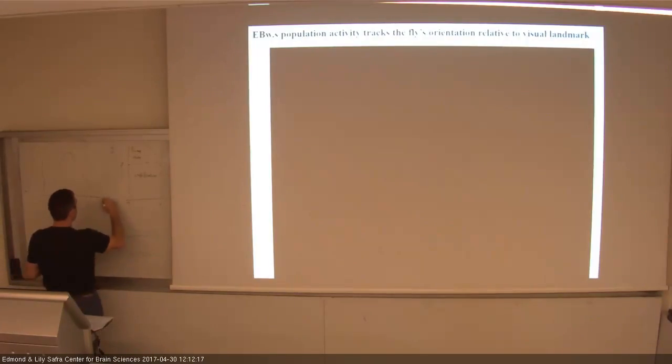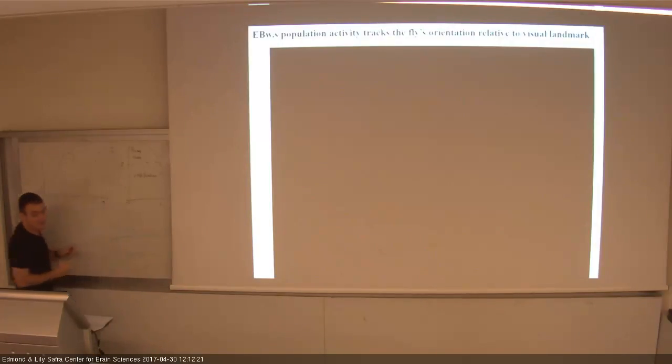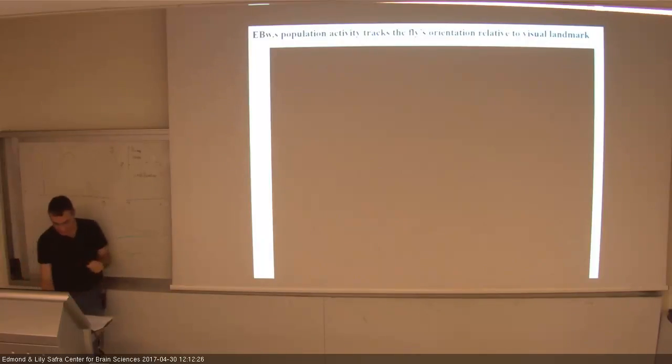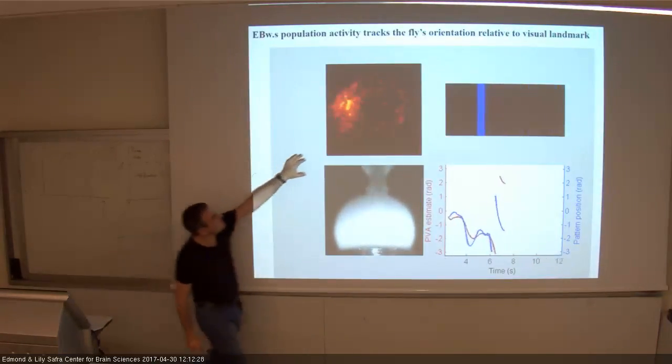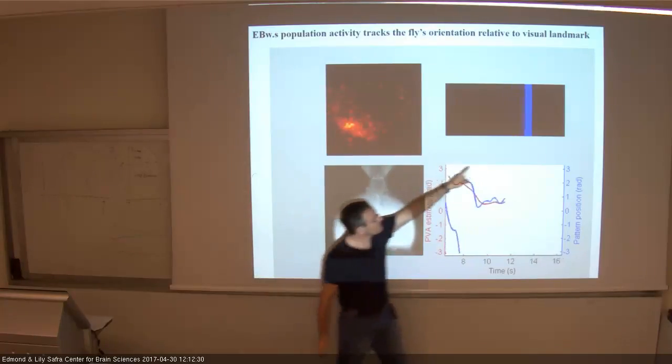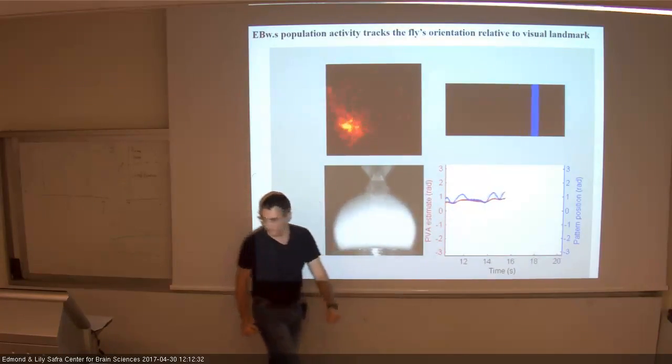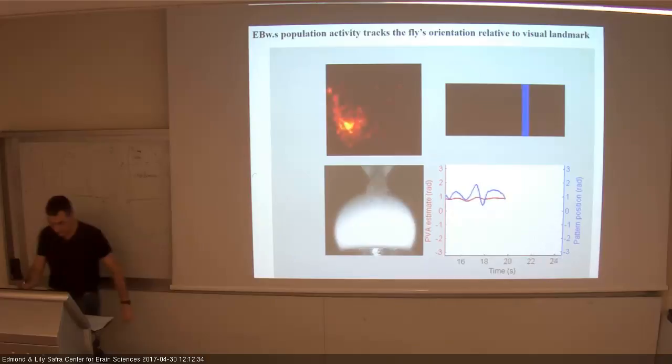And if the animal is presented with another stimulus, this would be the pattern of activity in the network. So if you look at the entire network, you see some elevated activity which corresponds to the location of the stimulus.